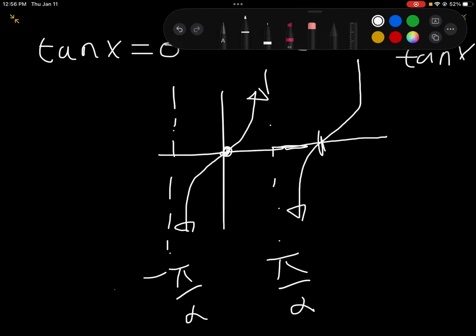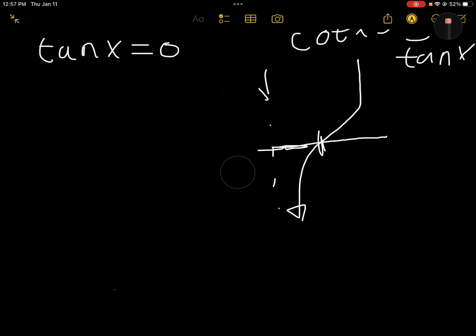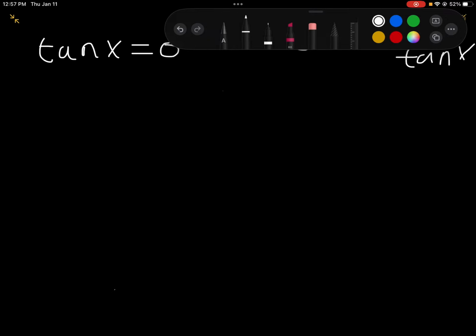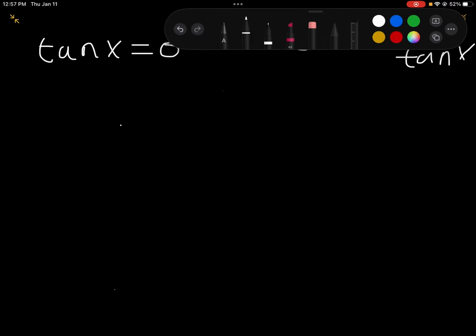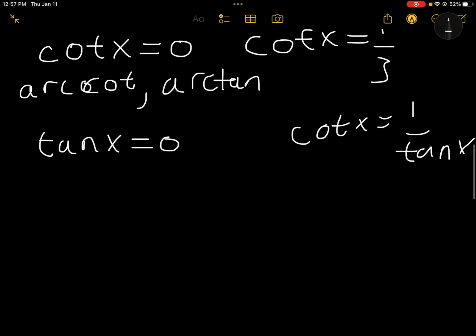Now, I don't have a graphing calculator, and I don't actually remember when tan of x would intersect at pi, right? Because it's sine over. But I'll show you a better method, because that won't actually give you the answer, right? If you do arctan of 0, you probably will get it right, realistically. And I don't remember the method of the graph, to be honest, so you can do it like this.